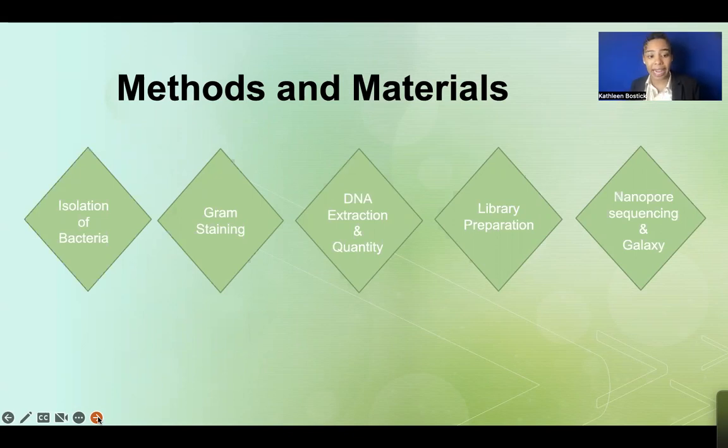Following this was gram staining. Gram staining is a really important step in understanding if this bacteria is gram positive or gram negative. This determination highly affects the protocol that is used for DNA extraction and quantification. Following this step, library preparation and nanopore sequencing through Galaxy are conducted in order to classify the specific bacteria.